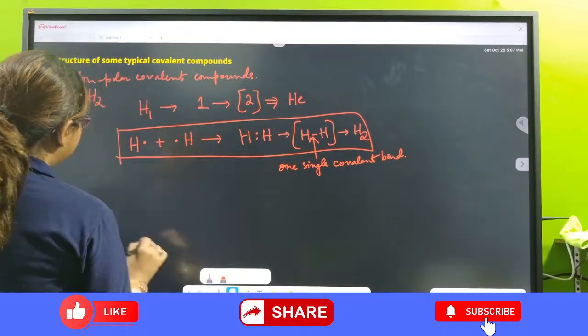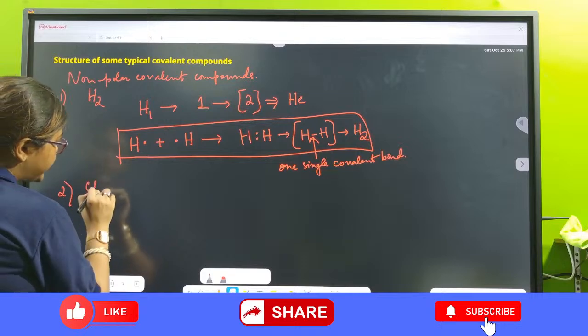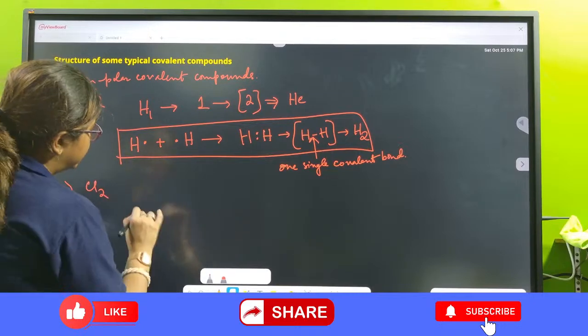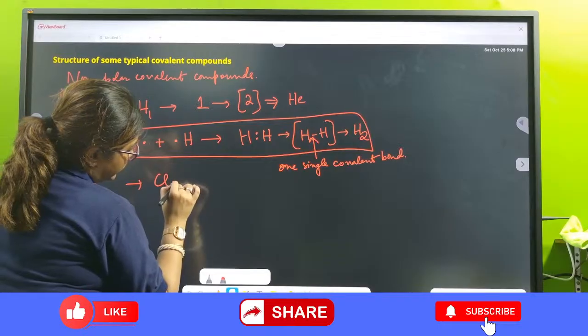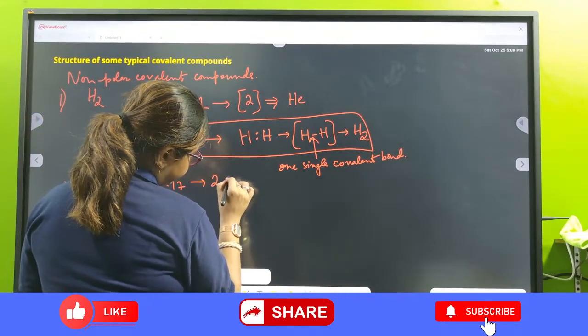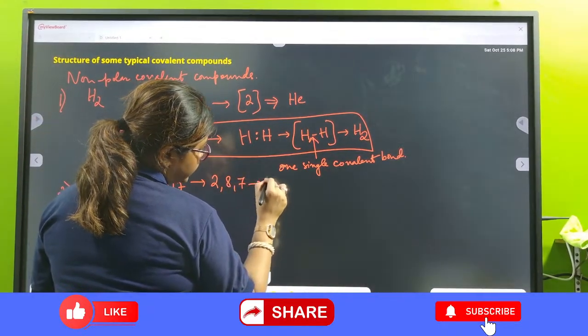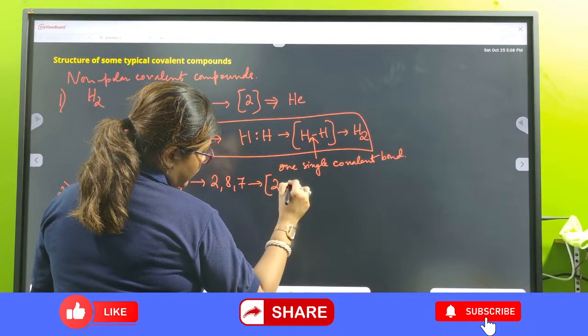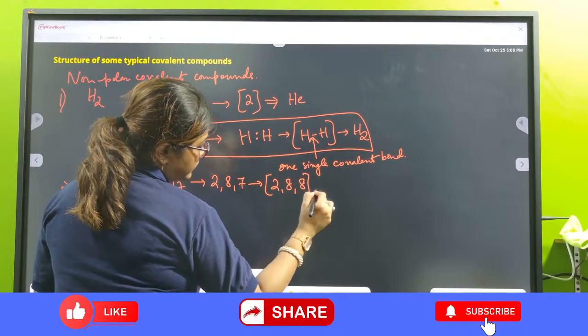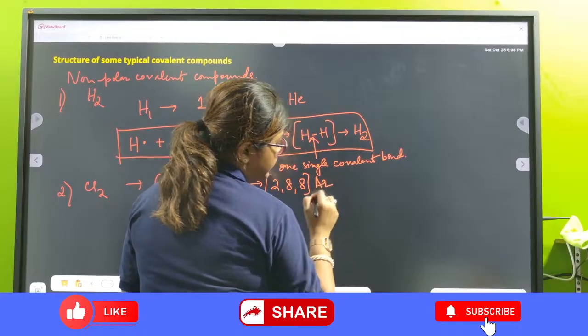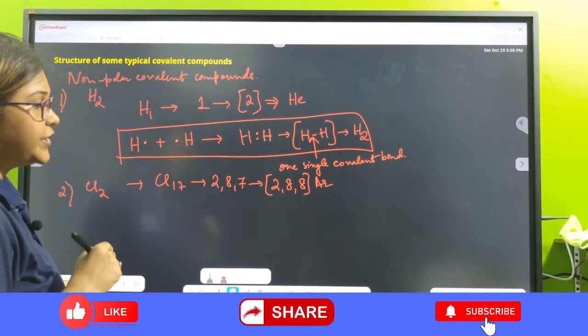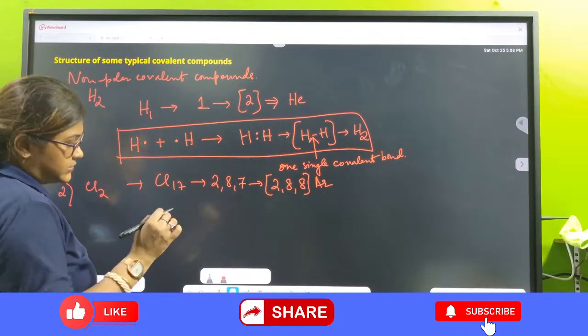Okay. Similarly, if you take chlorine, right? Chlorine has an atomic number of 17. So this will want one electron to reach the nearest noble gas electronic configuration of that of argon.